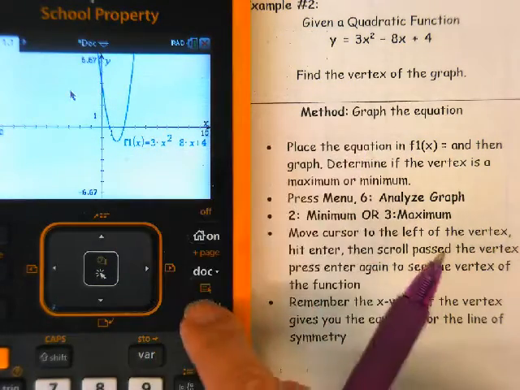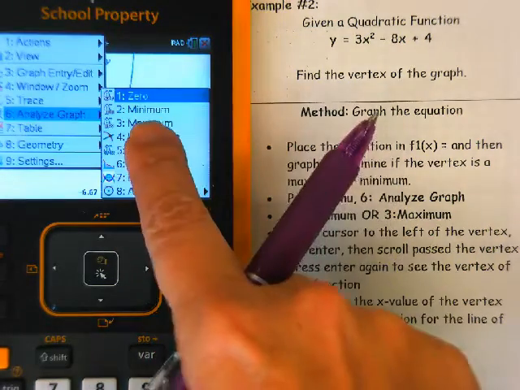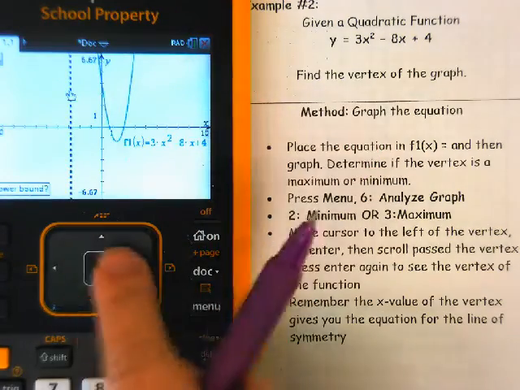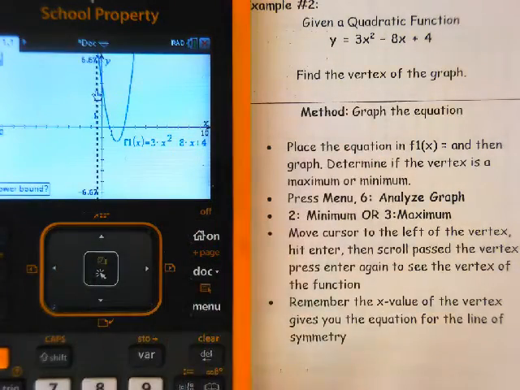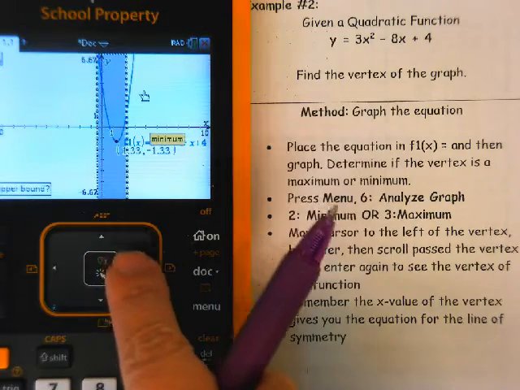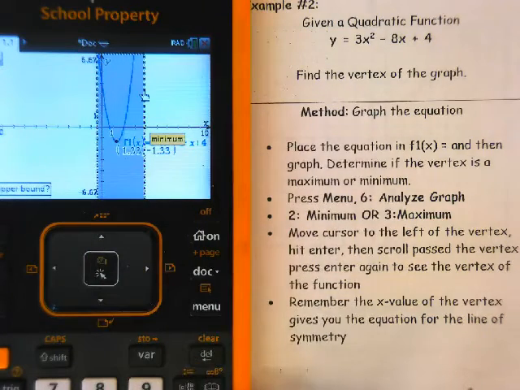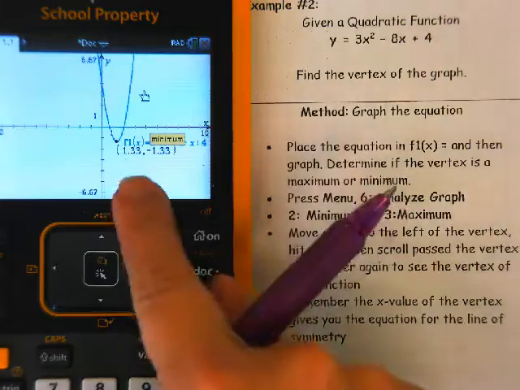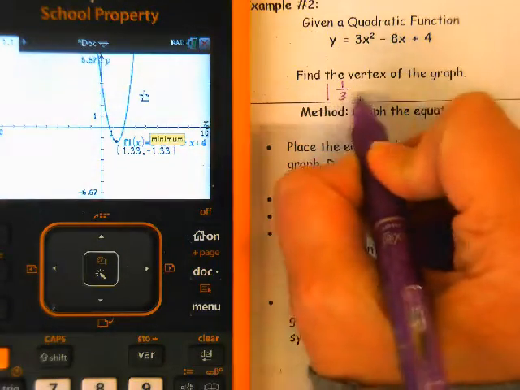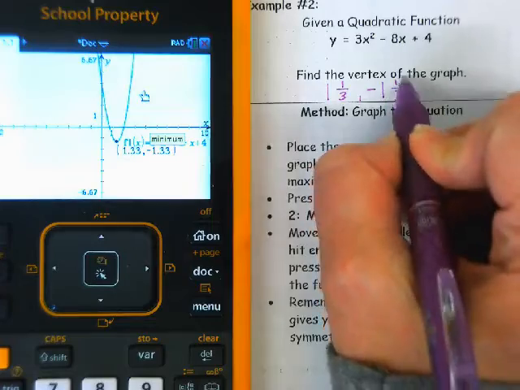This is a min, so we're going to go menu 6, and now instead of 3, we're going to choose 2. There's your dotted line. You can use enter again, or you can use your little mouse pad. And then you get, okay, this is your whole vertex. That is very ugly. 1 1/3 and a -1 1/3.